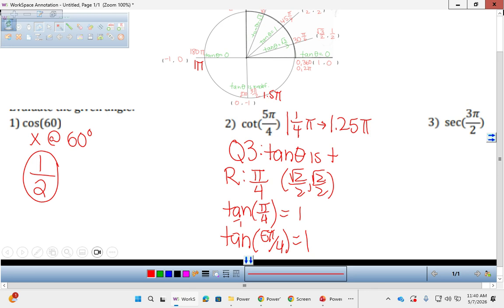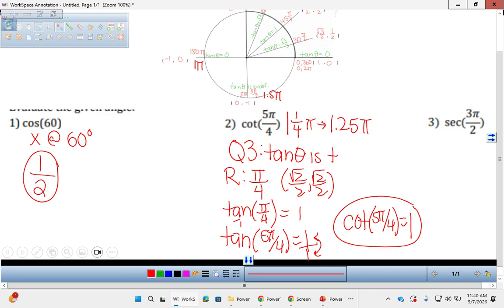Well, I want the cotangent, which means I need to flip the fraction. This isn't a fraction right now, so I can make it 1 by putting it over 1, and then I can flip it, and it's still just 1 over 1. So cotangent of 5 pi over 4 is still just 1. So the answer to this one is 1. A little bit more work than the previous one.